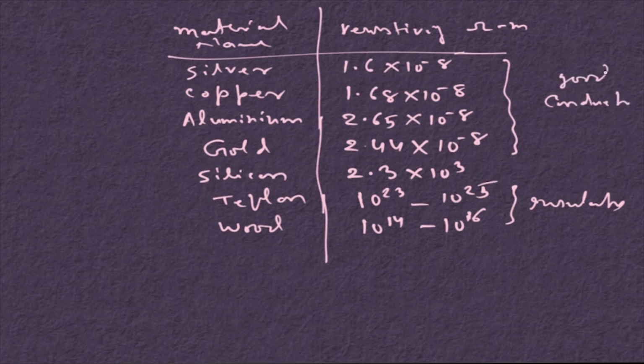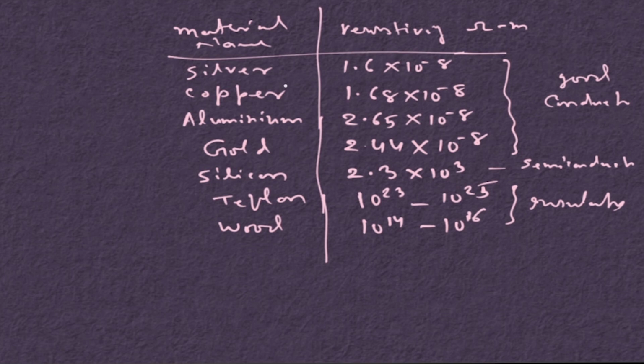These are good conductors. These are insulators. And silicon and some other material like germanium, they are called semiconductors, because you can see that its resistivity lies between these two values.